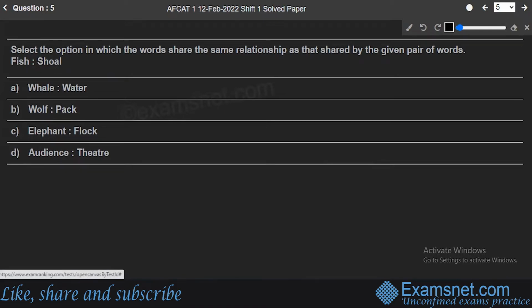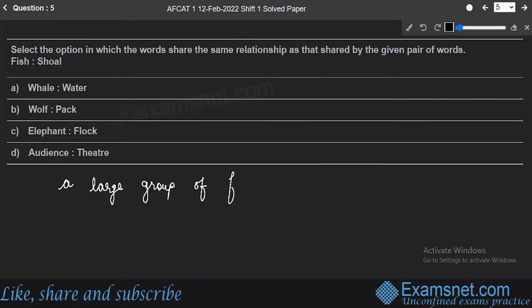So let's see. Whale lives in water. So a group of whales is not called wolf pack.